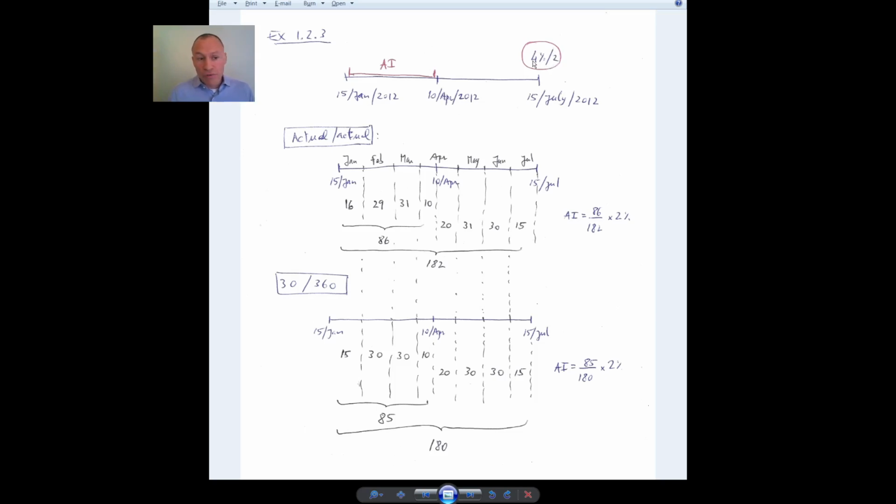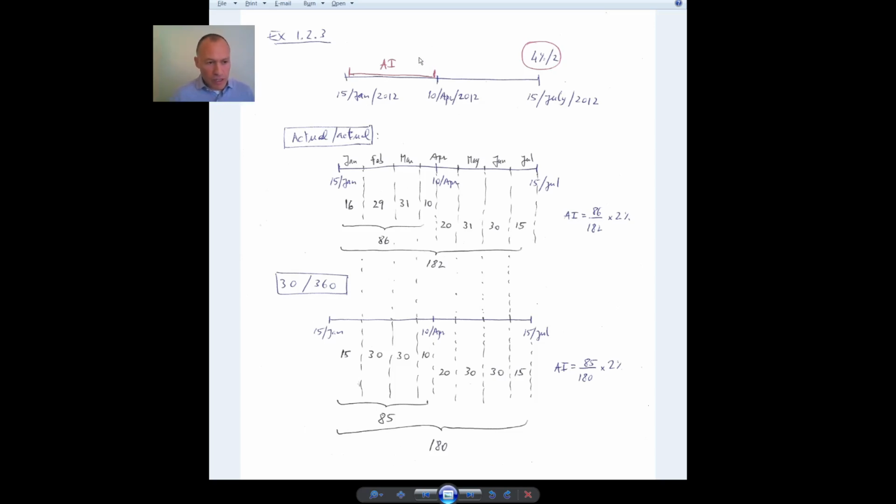And we can think of the accrued interest as the fraction of this coupon that corresponds to this amount of time here, okay? So we can think of this as the part of the interest that belongs to the investor that has held the bond until here, okay? So I'm going to separate this amount of interest from the total bond price, okay?